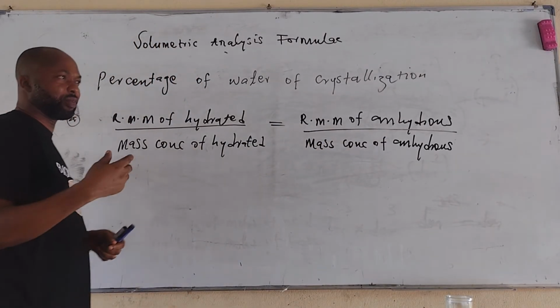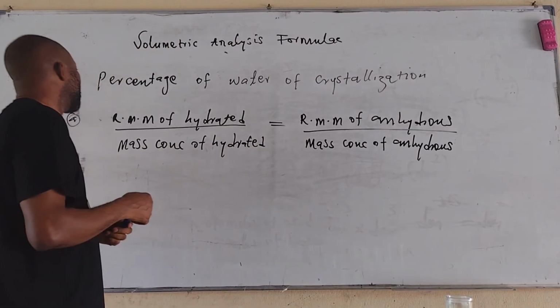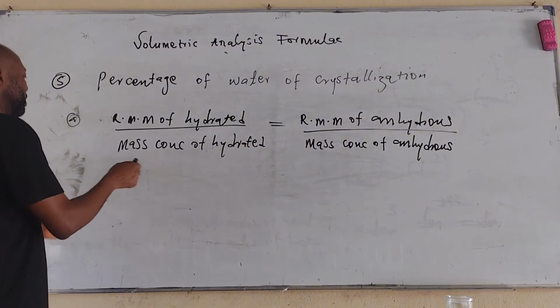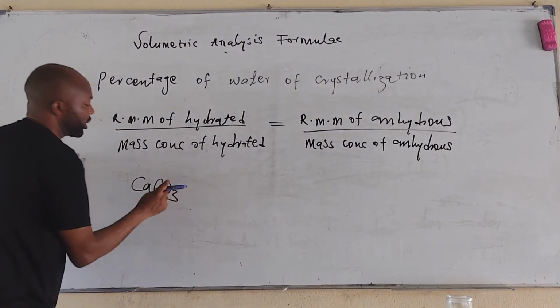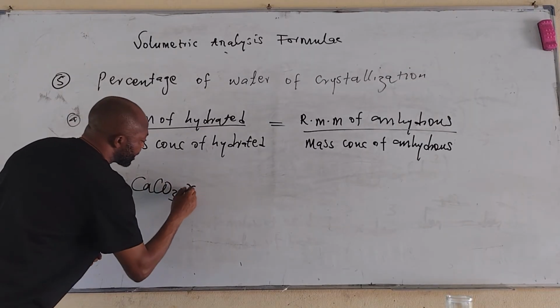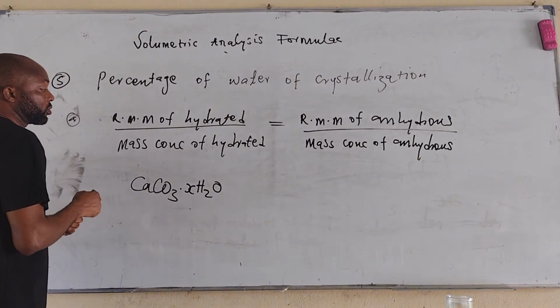Let's have a practical explanation of this. Relative molecular mass of hydrated. Let's say the salt is calcium trioxocarbonate(IV), CaCO3.xH2O. This is a hydrated salt.